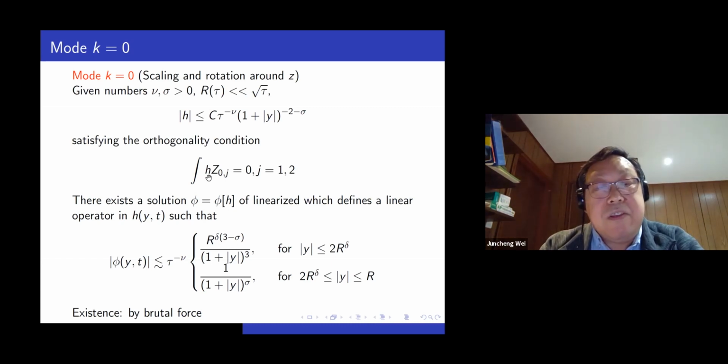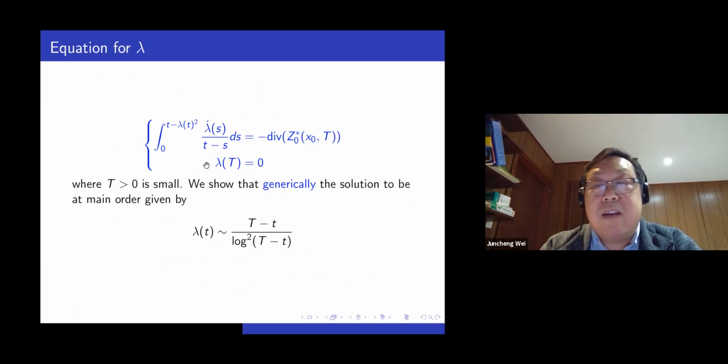Okay? So we have all these orthogonality conditions, and these orthogonality conditions will give us precisely the equation for the scaling parameter. For example, in the forward bubbling, you have a non-local ODE of this type, and we can show that generically the solutions to this non-local ODE are given by this order, T minus t over log squared.